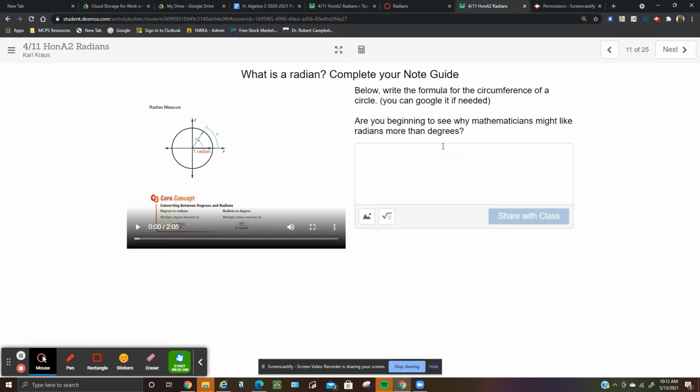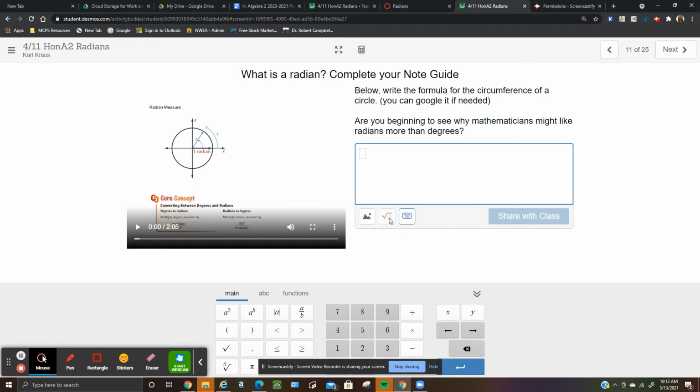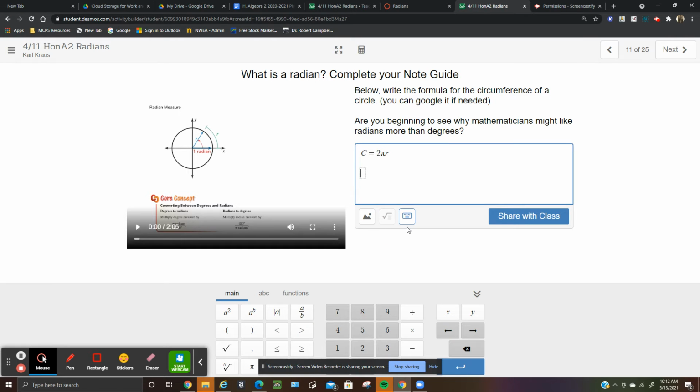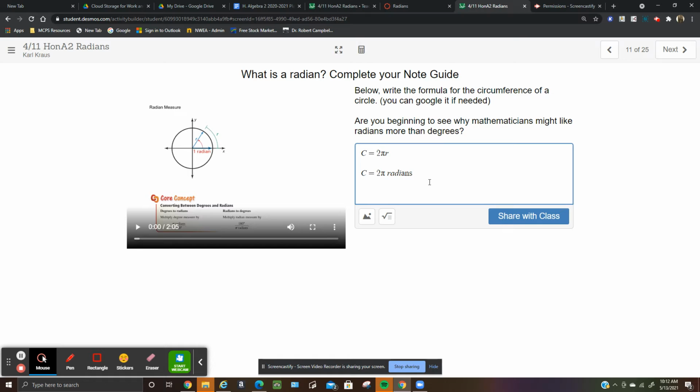And write the formula for circumference. We did this already. Let's see, 2 pi r. And we know that there's 360 degrees in the circle.